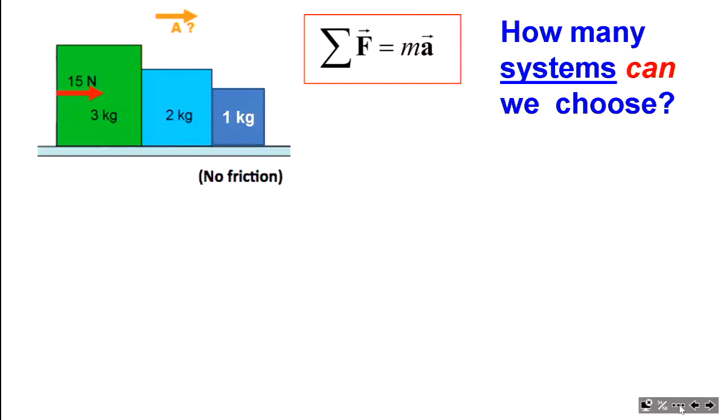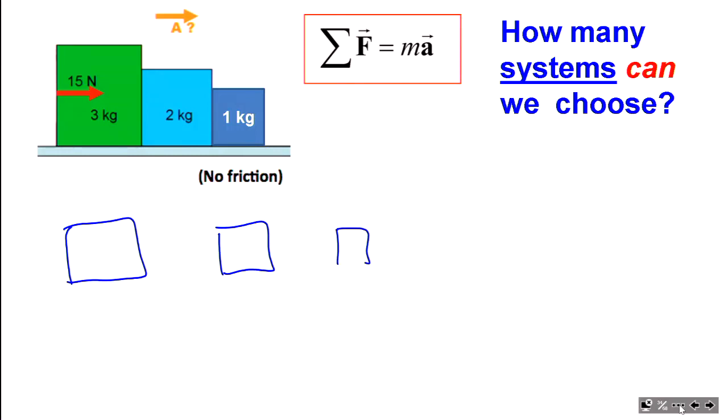Well, in this situation, let's just list the systems. We can choose as a system the green box. We can choose as a system the box in the middle, the light blue one.